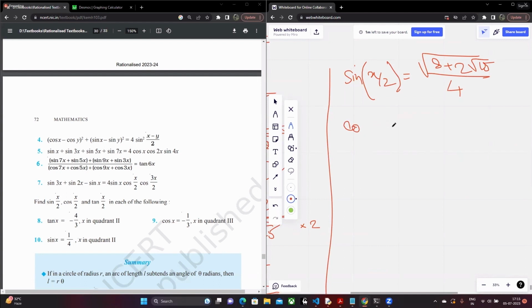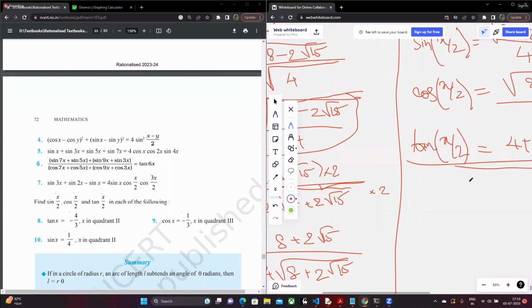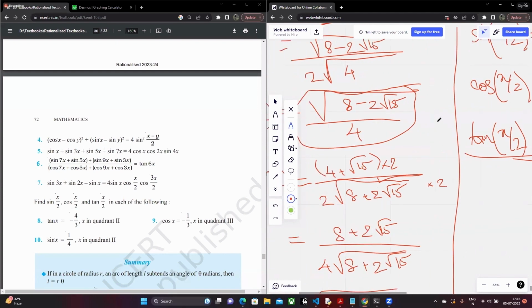Cos of x by 2 we have found to be square root of 8 minus 2 root 15 divided by 4. And tan of x by 2 we have found to be 4 plus root 15. Right.